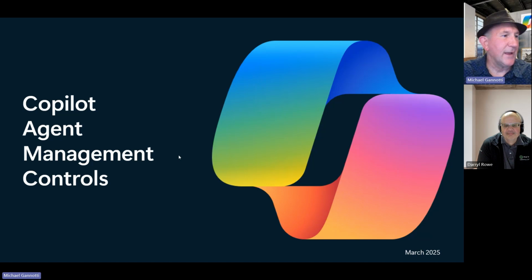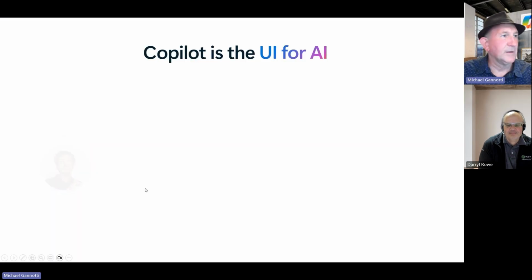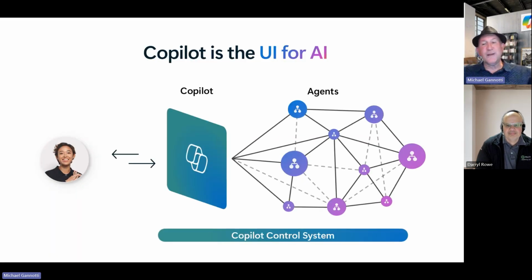So let's go ahead. We're going to jump into some of this, but the first thing we need to say is a reminder, and we put this on everything, and there's a reason, believe me, people. Copilot is the UI for AI. So when you're talking about your enterprise deployments of generative AI, we start getting into this whole Copilot control system.